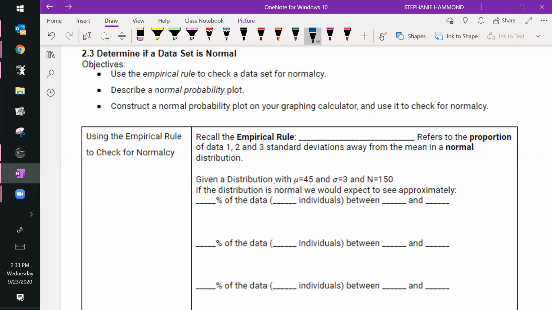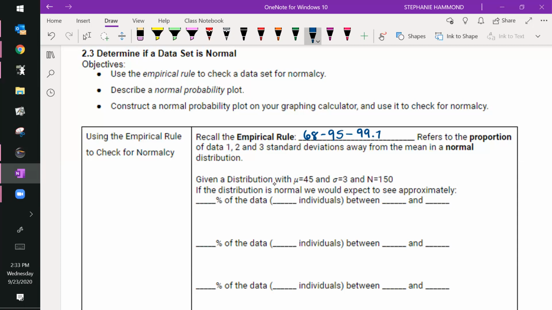So starting with the empirical rule, we talked about the empirical rule before. That was 68, 95, 99.7, which refers to the proportion of data that is either 1, 2, or 3 standard deviations away from the mean in a normal distribution.